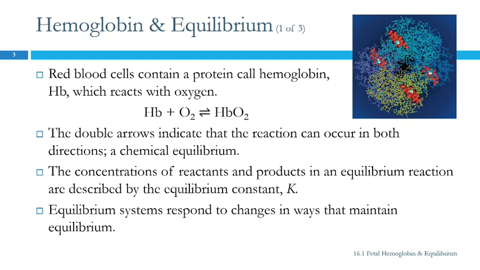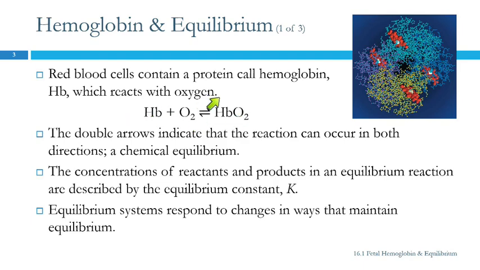So we can do a simple equation here where we have hemoglobin, Hb, just to stand in for that big mess, which will react with oxygen and pick it up. They'll be stuck together. Here we have double arrows, and that indicates that this reaction goes in both directions.